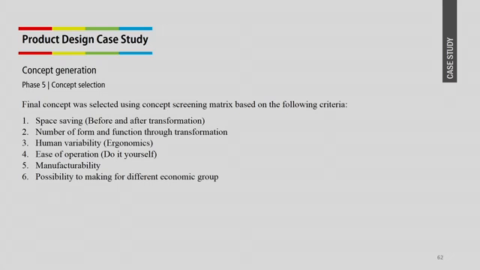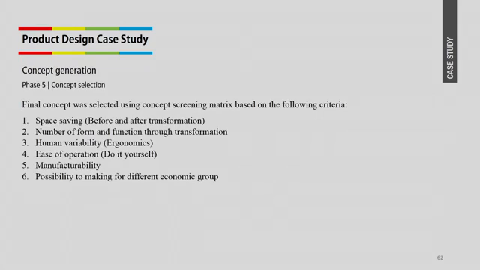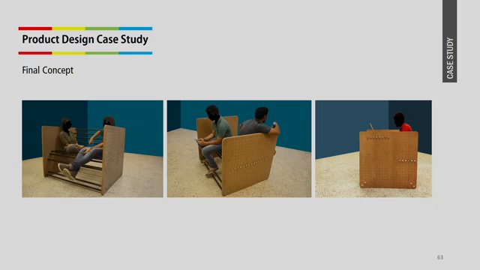Possibility of making for different economic groups: can I alter the material, what different kinds of material can I use so that this particular product can be used by different economic groups. So, this is the final concept. Here we have discussed a particular product, how we designed it, and what tools and methods we adopted.